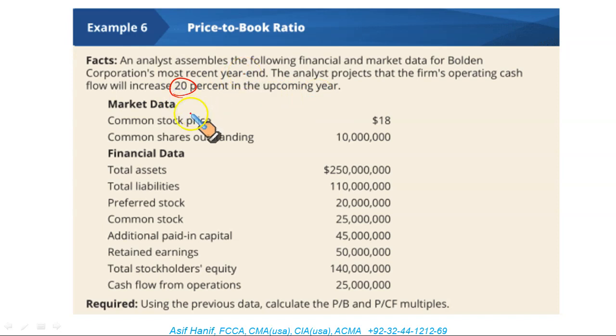And it further says the current common stock price is $18. Common shares outstanding, 10 million. Total assets, total liabilities, preferred stock, common stock, additional paid in capital, also called the share premium in our part of the world, retained earnings, total stockholders' equity, and cash flow from operations. It says using the previous data, calculate the PB, that is the price to book ratio, and the price to cash flow multiples.